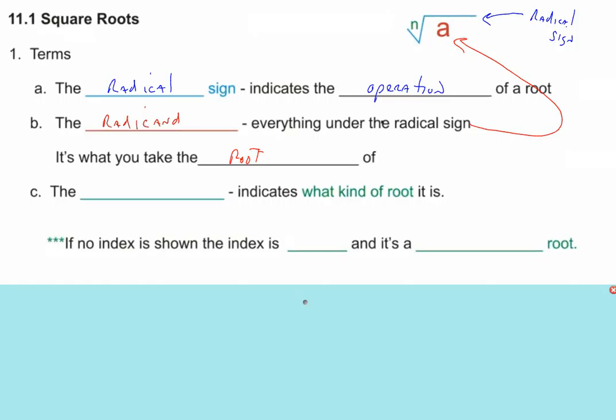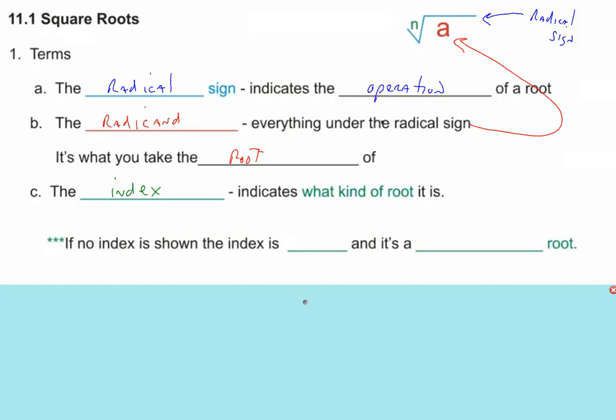You can have a cube root. You can have a fourth root. You can have a 10th root. You could have a root canal, but we don't like that root, all right? So roots. And what tells you the kind of root is the index. So C is the index. I-N-D-E-X. Indicates what kind of root it is.